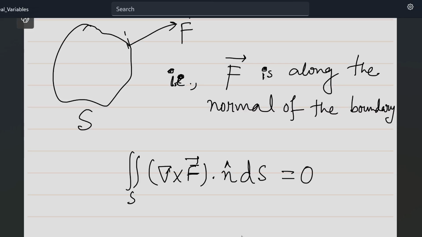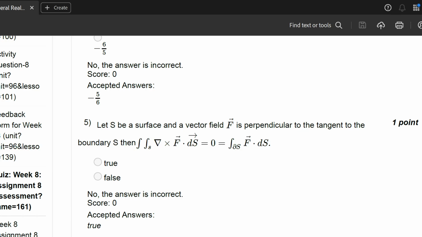And suppose S is a closed surface, then you can write it as Stokes theorem. I think S is a closed surface here. S be a surface and perpendicular to the tangent to the boundary of S. F dot ds over the surface, over the curve C. Del S means C here. I think it should be closed. Then it is true.